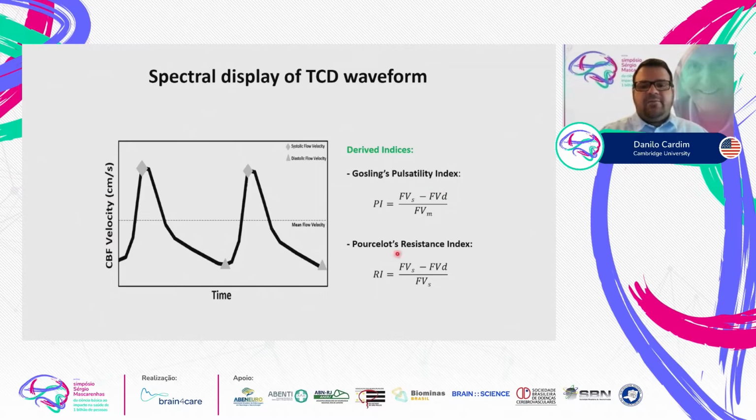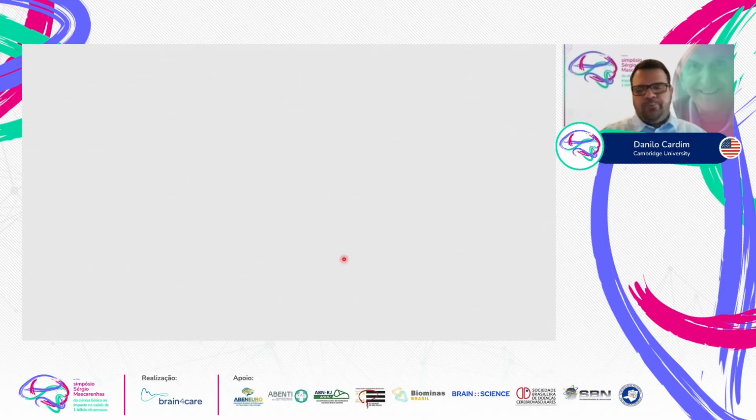And we also have another index, the Pourcelot resistance index, which is basically the same difference, systolic minus diastolic, divided by the systolic peak instead. So these indices give us certain markers of the waveform that can later be applied in different model-based non-invasive ICP methods, which I will speak about now.